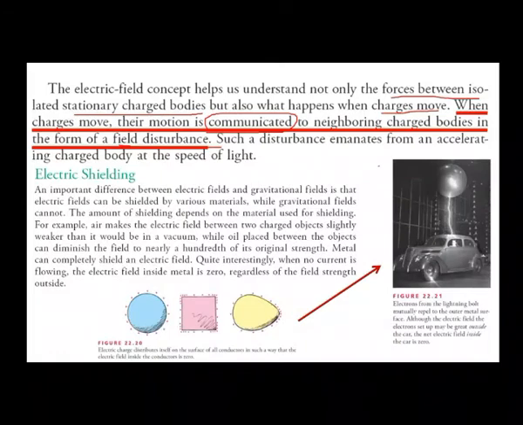That disturbance emanates from an accelerating charged body at the speed of light. So when there is a moving charge, that moving charge disturbs the electric field of its surroundings, and that disturbance emanates until it reaches another charged particle.